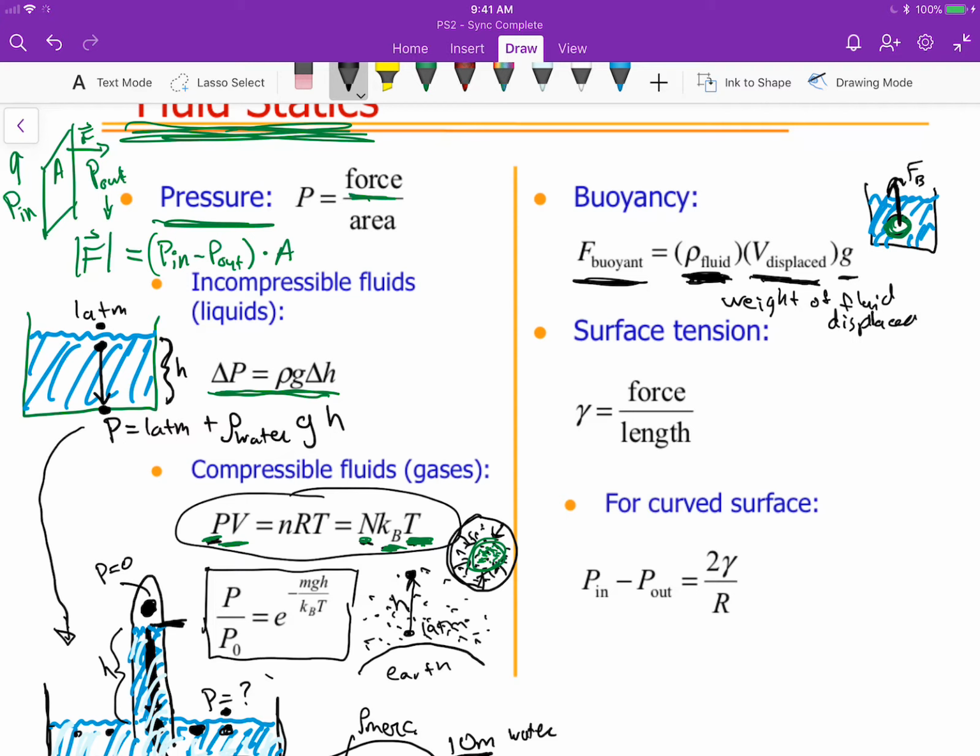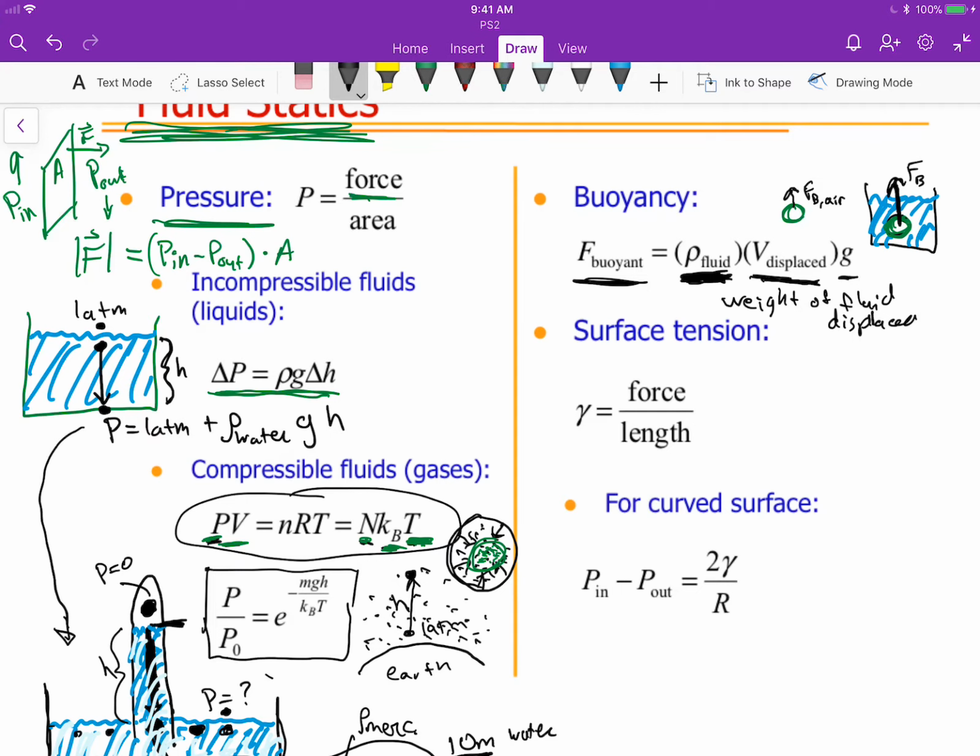But if you bring the balloon over here in the air, it'll still have a buoyant force up, but it'll be a smaller F buoyant for air, because it's displacing something that has a lower density. Air has lower density than water.